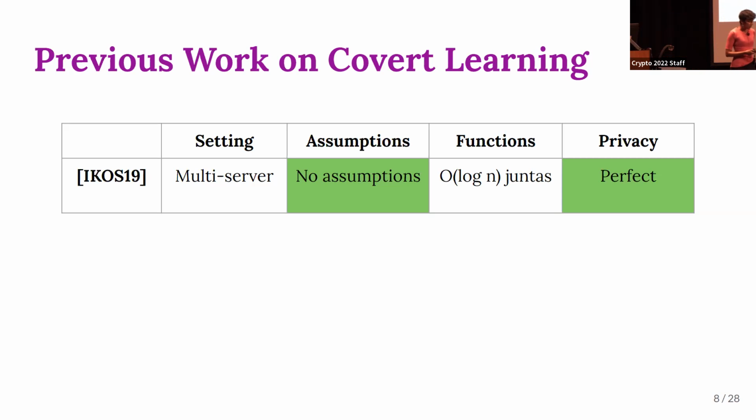Juntas are functions that depend on a subset of the input bits, in this case O(log n) out of n input bits. They are able to do this and achieve perfect privacy.